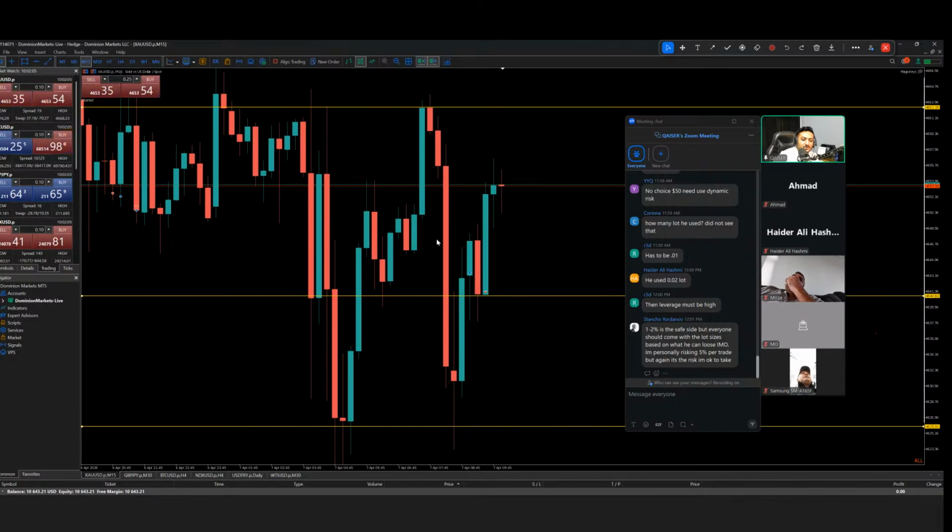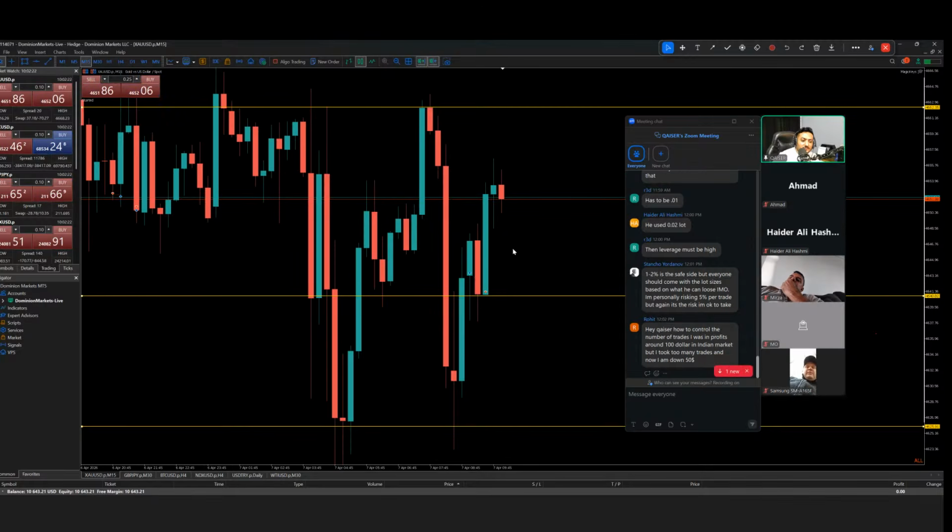Okay, so 1-2% is the safe side, but everyone should come with lot sizes based on what he can lose. I am personally risking 5% per trade, but again, it's the risk I am okay to take. This is something you need to understand, which lot size makes you comfortable. Are you comfortable with 5% risk?